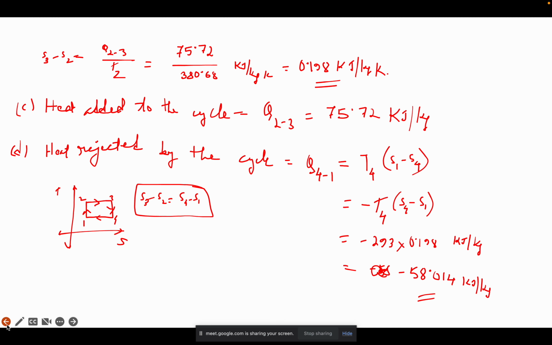Remember, the same calculations you can do by P1 V1 work formulas also, but since we already know these values, we should not do much more calculations, to save the time.